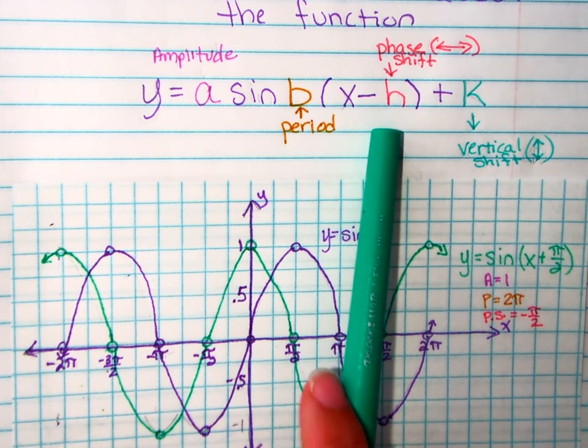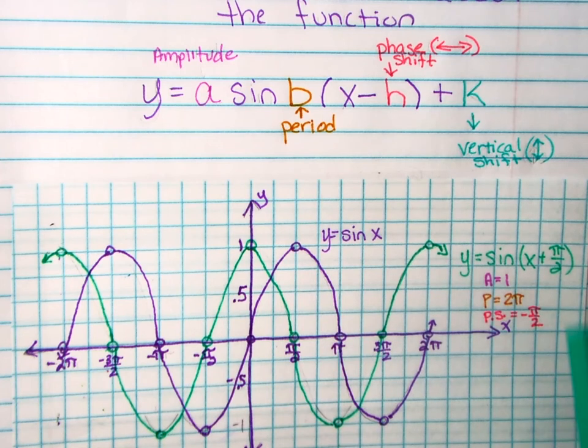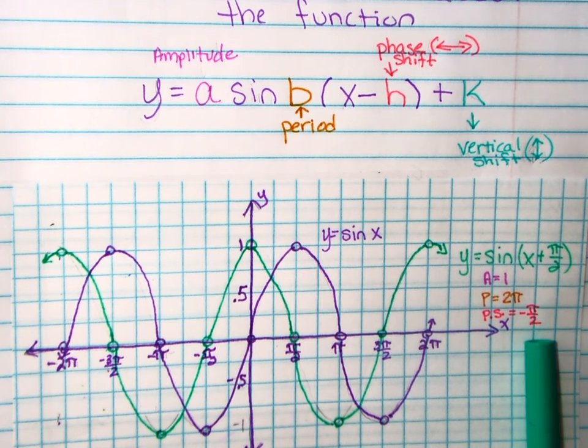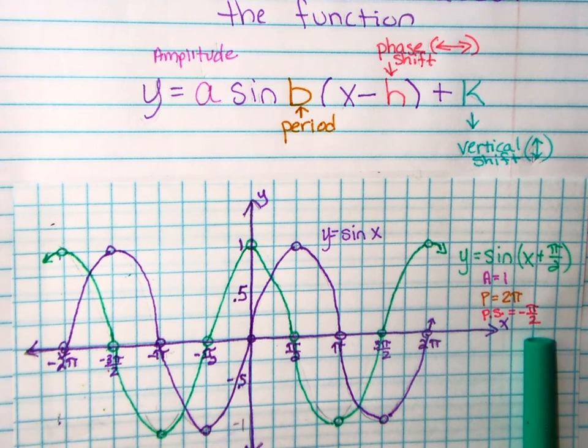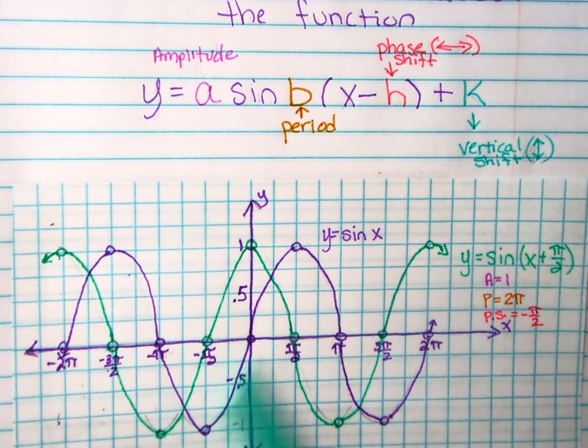I look for my phase shift. Am I moving left or right? So I look here, I know my x lies, so I'm going to move left pi over 2. And I do not have a k, so I don't have to worry about it moving up or down. Now, the purple is my regular y equals sine of x.